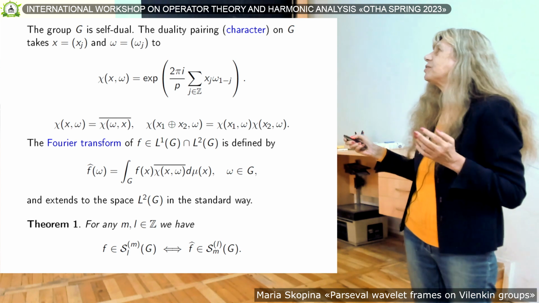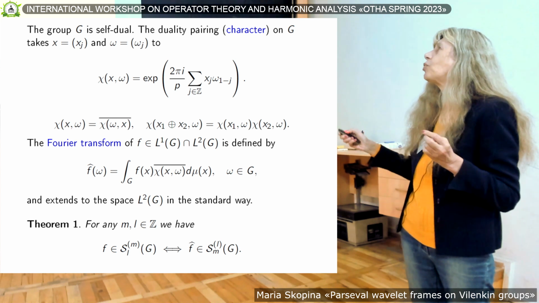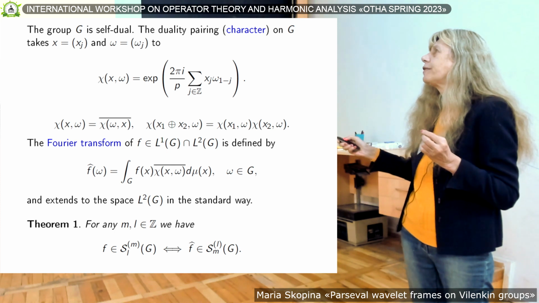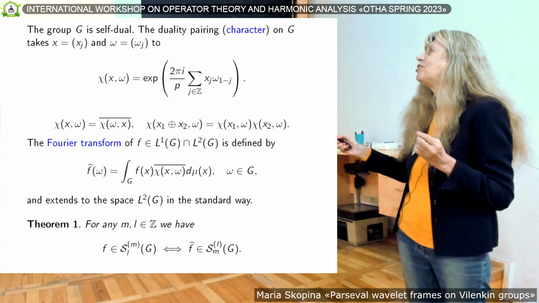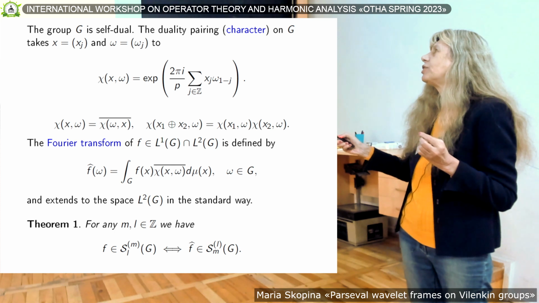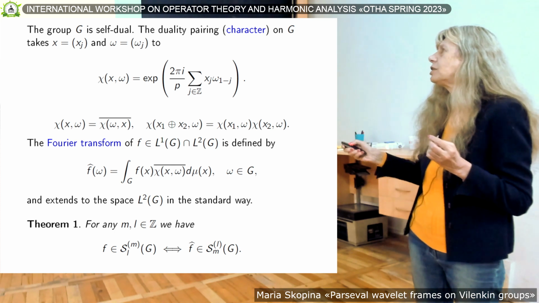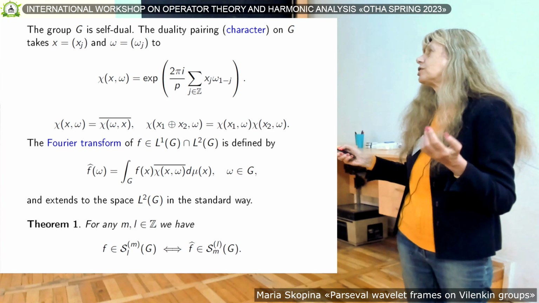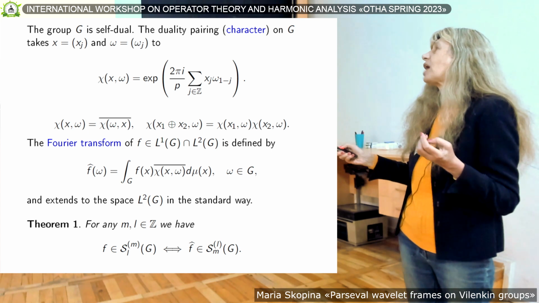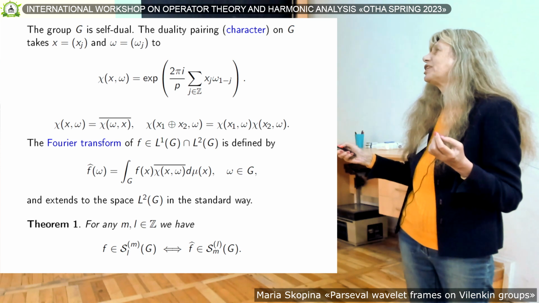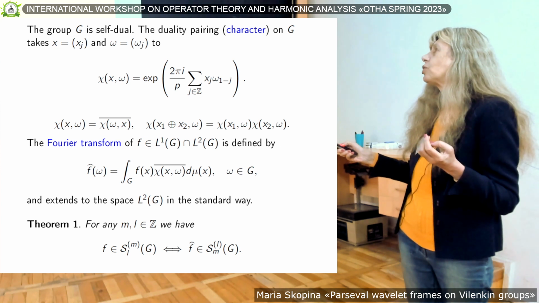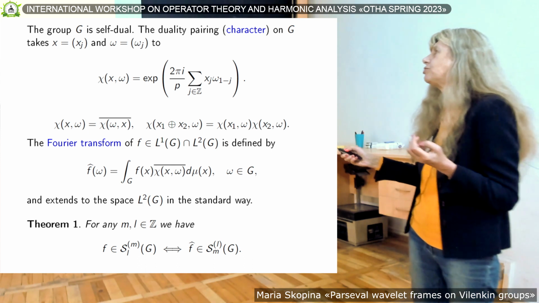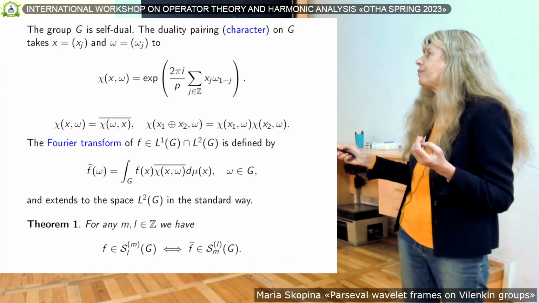Next, the Vilenkin group is a group, so we have characters. Characters are given by explicit formulas. More precisely, for fixed omega, chi(omega, x) is a character. These have the standard properties of characters, and the notion of the Fourier transform is based on the characters in the standard way. This is the definition of the Fourier transform.